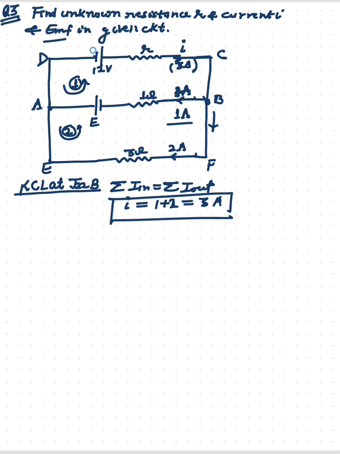So this is low, this is high, and this will be high, this will be low, and so on for each element. Okay. So loop 1.